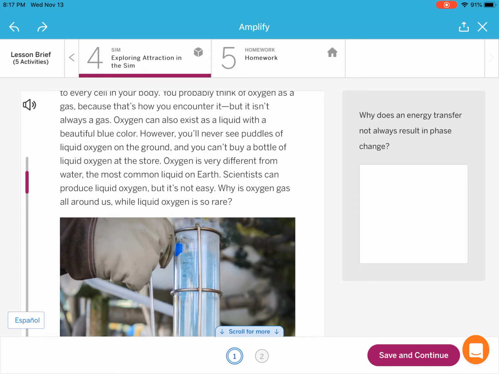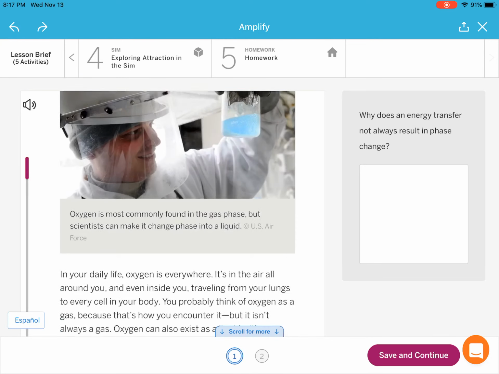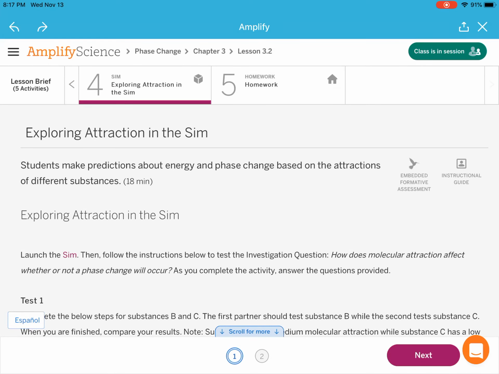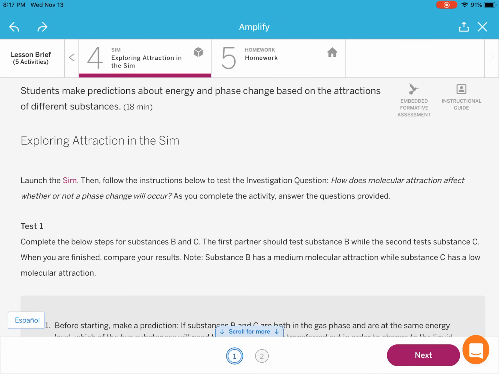Next, we're going into the attraction in the sim. So that is number 4. Here we go. All right, so going into number 4.